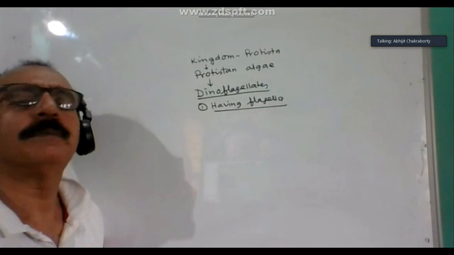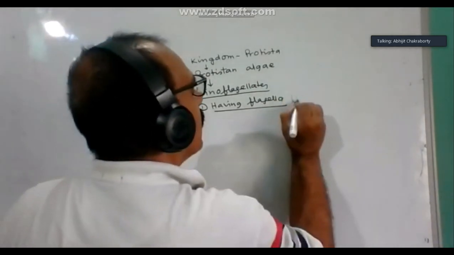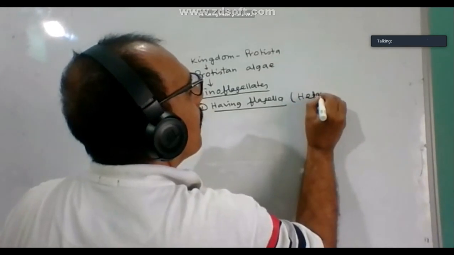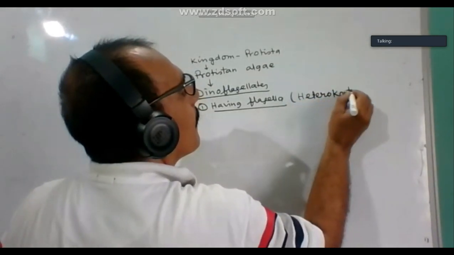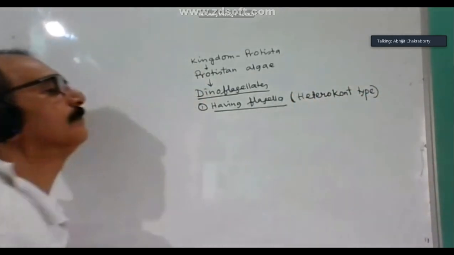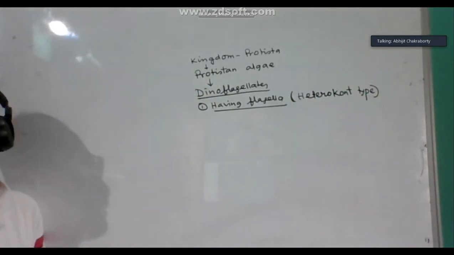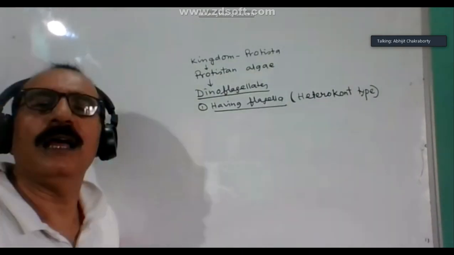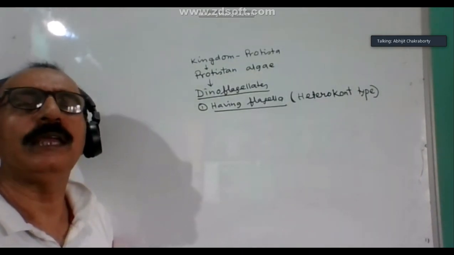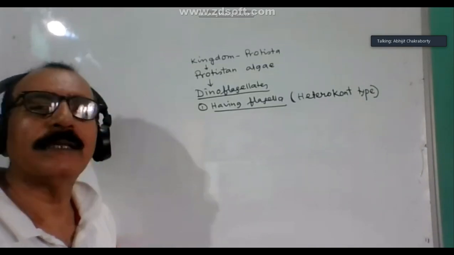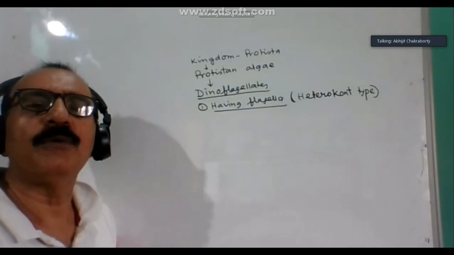Dinoflagellate flagella are mostly heterocont type. Homocont means that when two flagella are found to be equal in all respects, you can call them homocont.